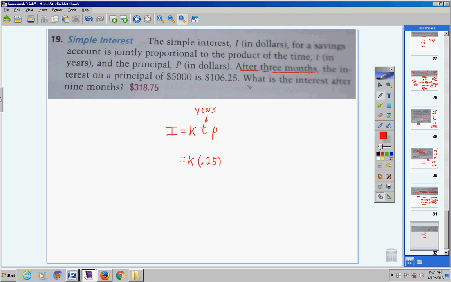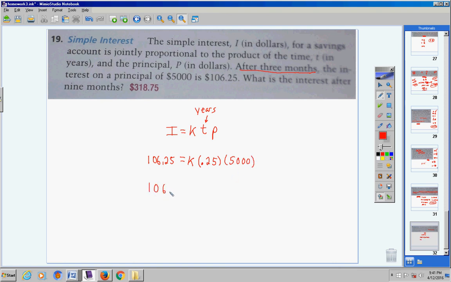After 3 months, the interest is how much? The interest is 106.25. And it says the interest on a principal of 5,000, so P is 5,000. So I can solve for K pretty quickly here.